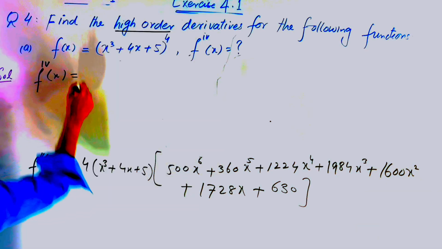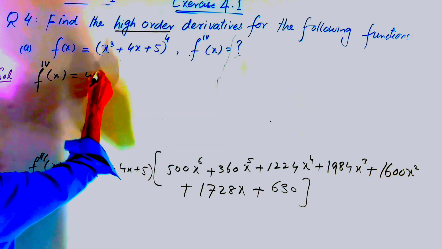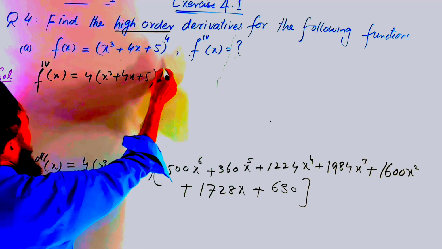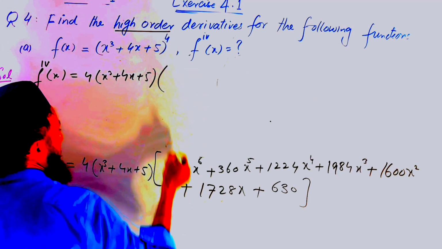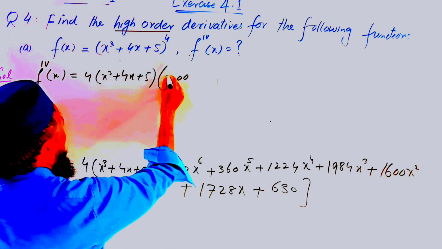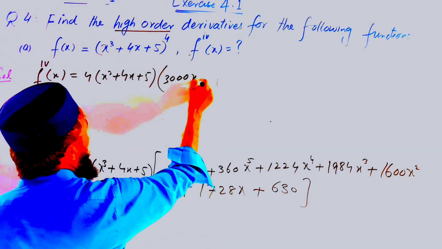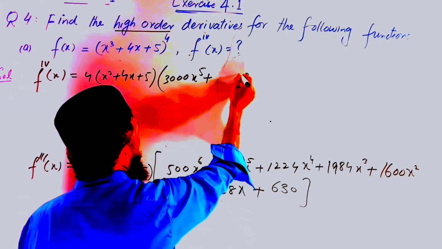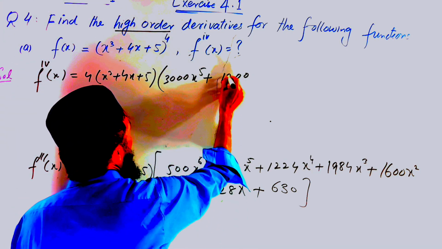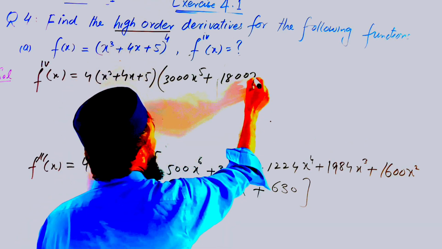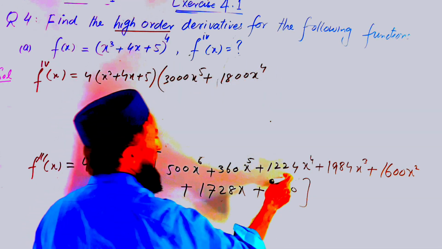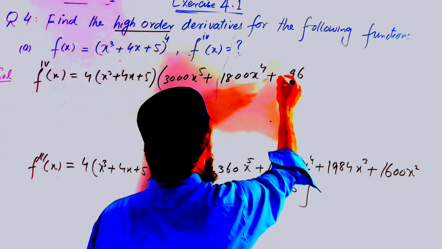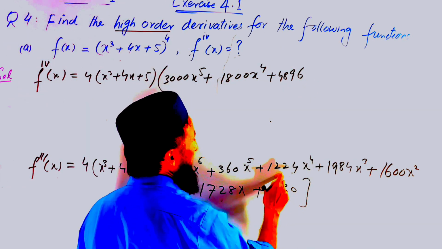if we are taking 4 x cube plus 4x plus 5 and the derivative of this function. So we get here 0 and 3006 is multiplied by x power 5 plus 0, 1805 is multiplied by this term and 1 is subtracted from the power and plus 4 is multiplied by this term.